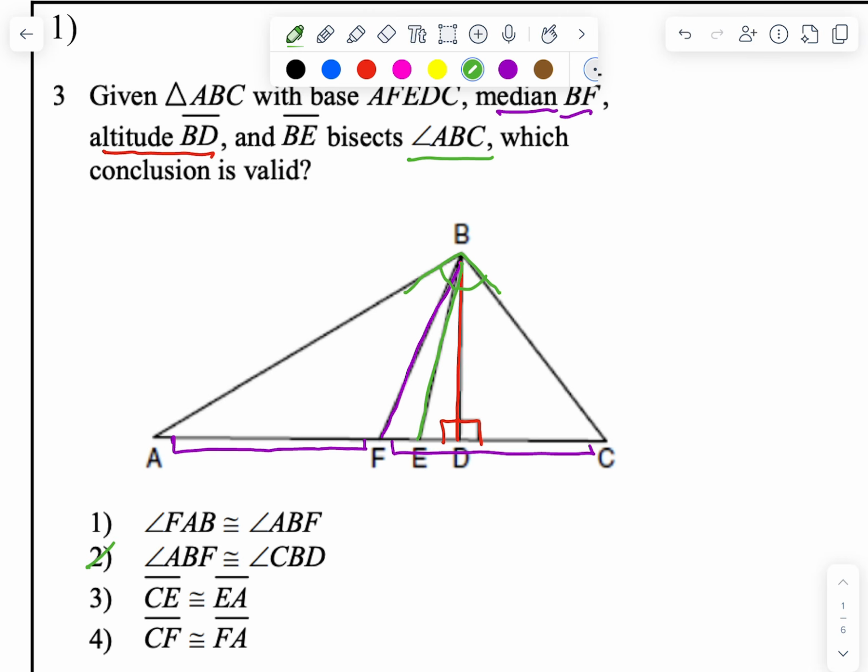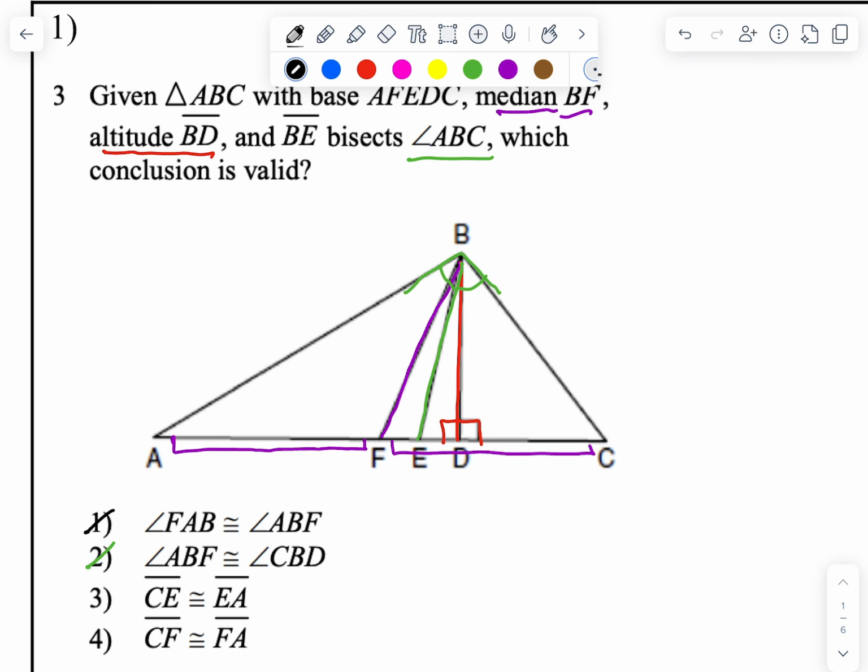If we take a look at the answer choices, answer choice 1, angle FAB, which is this angle over here, and angle ABF, we don't know anything about the relationship because we don't know if triangle ABF is isosceles or not. They don't give us any information, so I can't conclude that for sure.